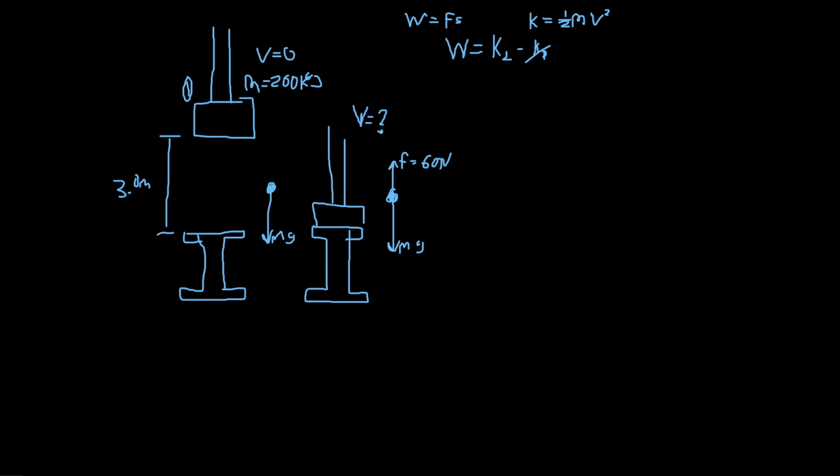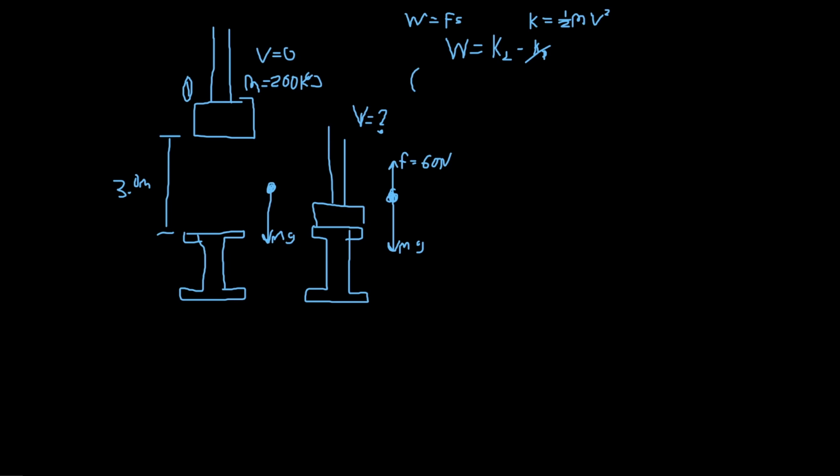And looking back at the variables, the net force is going to be the weight of the hammerhead minus the friction. We know the friction, we know the mass, we know g.